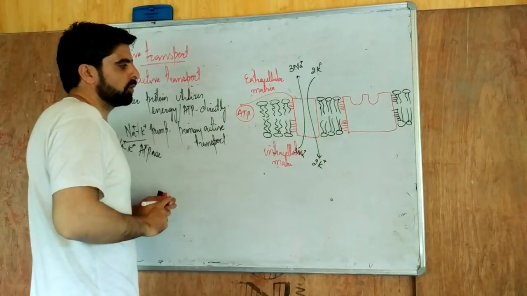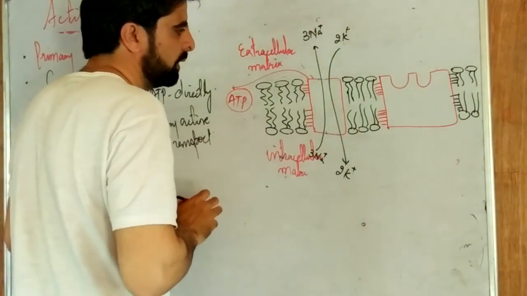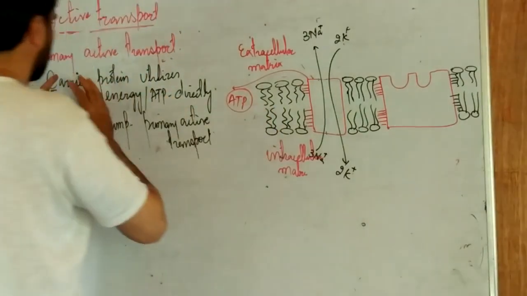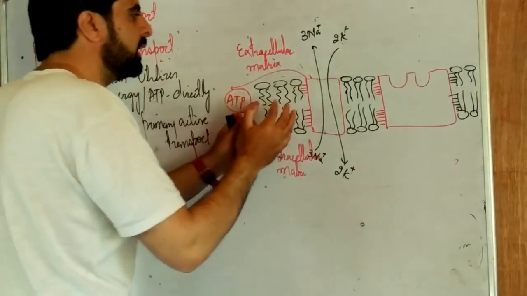That means these potassium ions are taken from the extracellular matrix towards the cytoplasm. The very important thing is that the primary active transport is utilizing ATP directly.